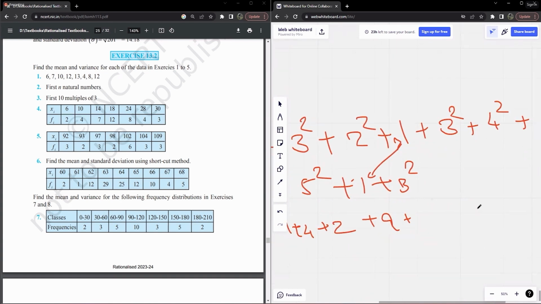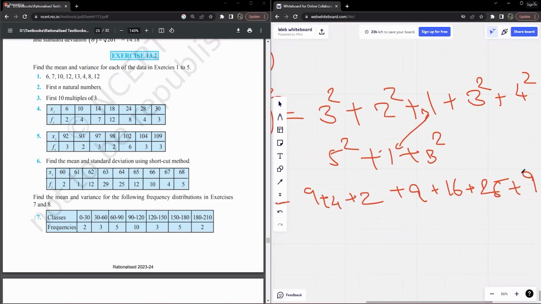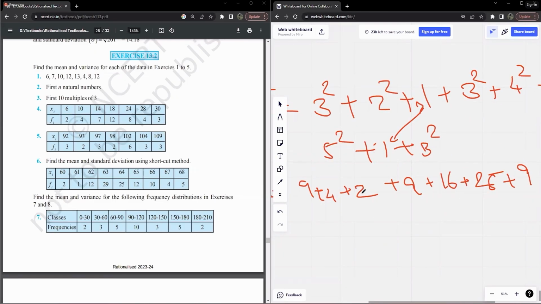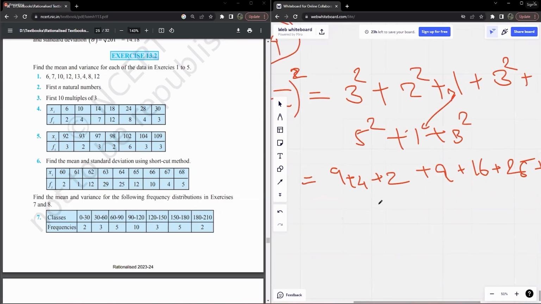Then you have a 25, and then you have a 9. So finally we have 9 threes are 27, plus 25, that's a 52. 52 plus 2 is a 54, and a 4 is a 58. 58 plus 16 gives us 74.